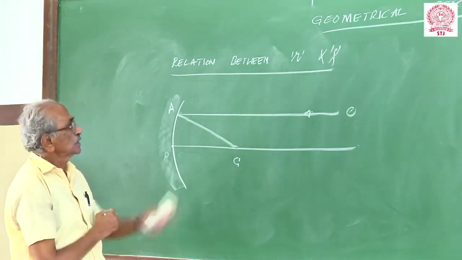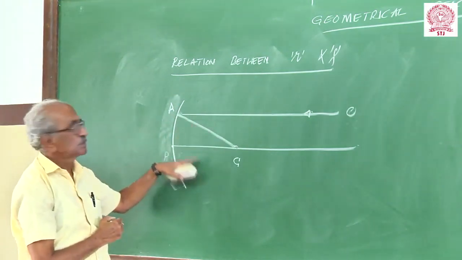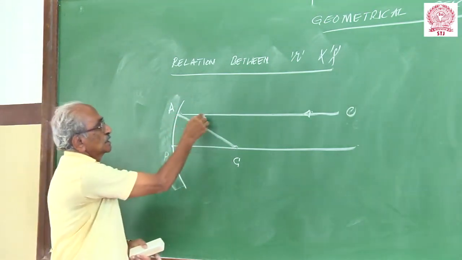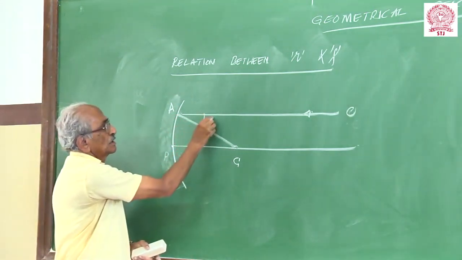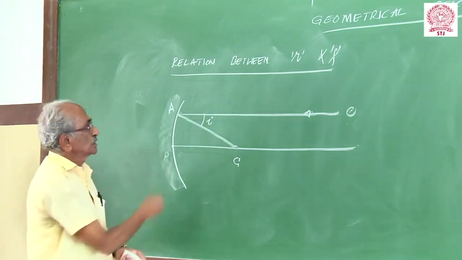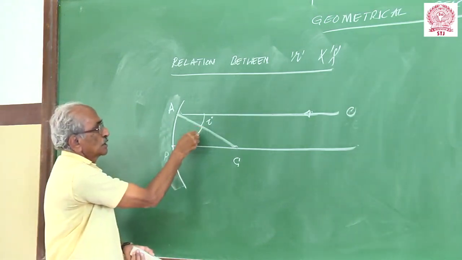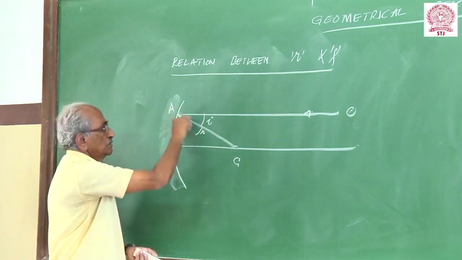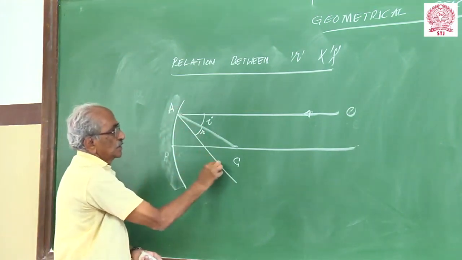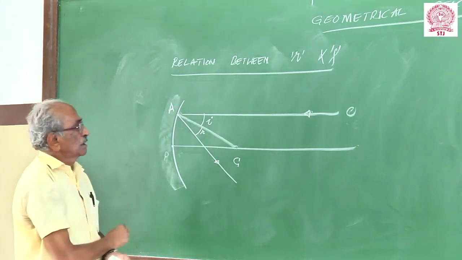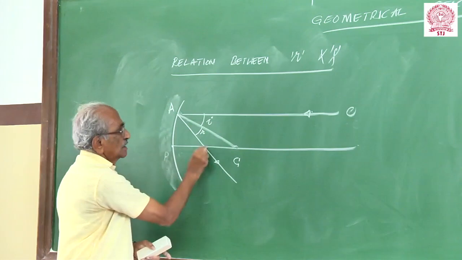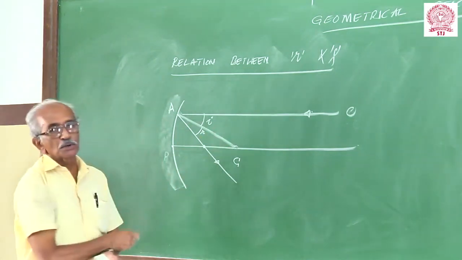In the case of a sphere, it is easy to draw the normal: just join the point of incidence to the center of curvature. That gives you the angle of incidence, I. Consider an equal angle on the other side, that is the angle of reflection. The reflected ray meets the axis at a point that we call the focus.